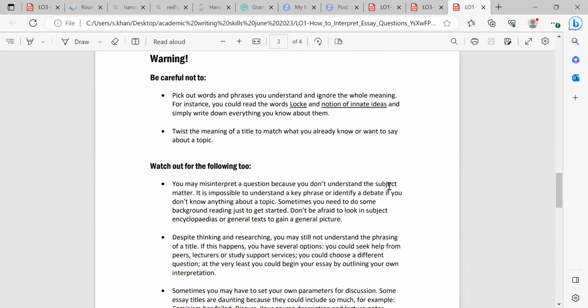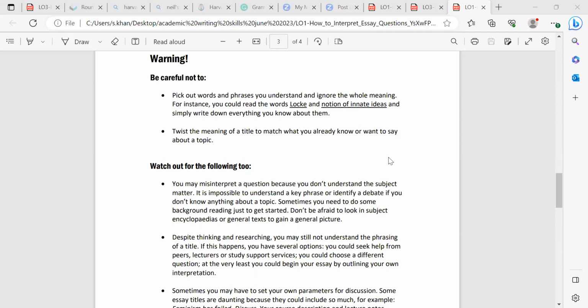For instance, you could read "notion" and simply write down everything you know about it, or twist the meaning of the title to match what you already know or want to say about the topic.